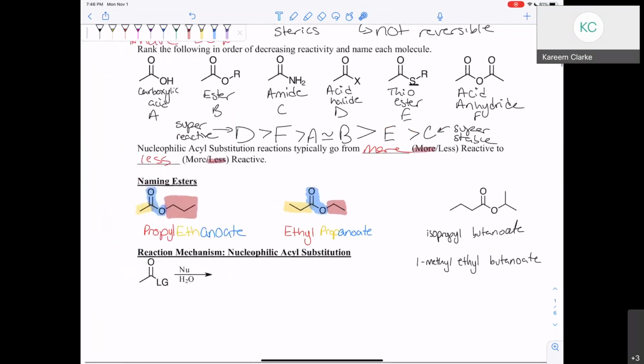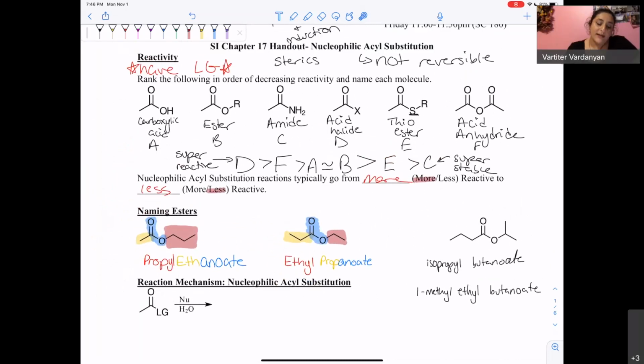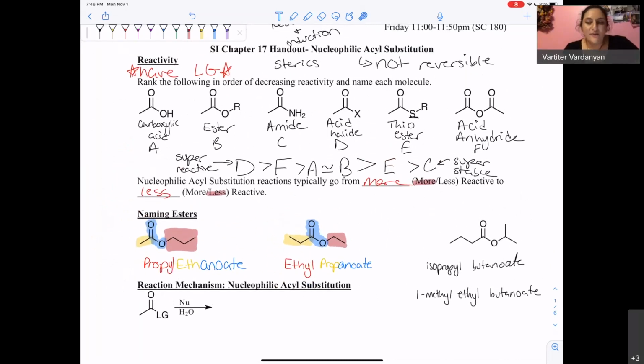Alrighty. And then the biggest difference between chapter 16 and chapter 17, they have a lot of similar looking reagents, so you have to be careful. The biggest difference is the starting material. In chapter 16, we used aldehydes and ketones. Chapter 17, we're using carboxylic acid derivatives, these guys, and they have leaving groups.